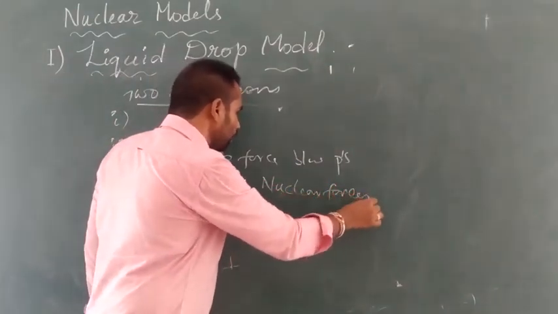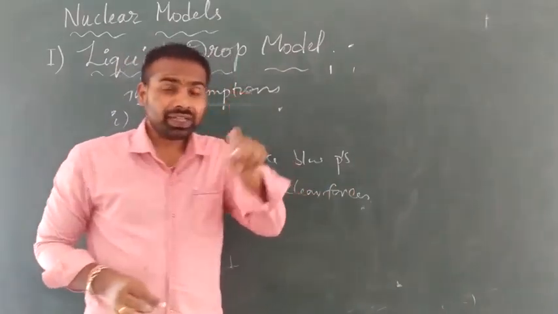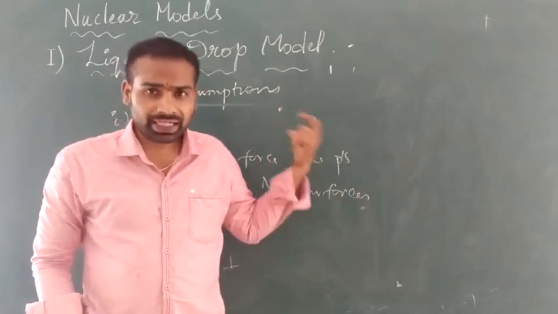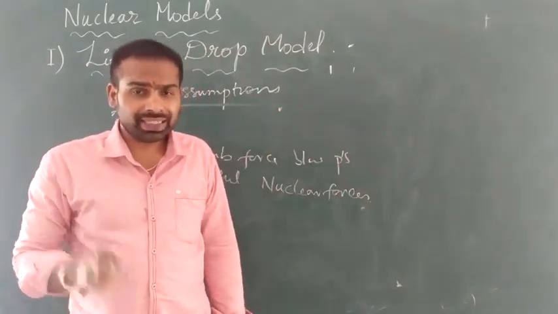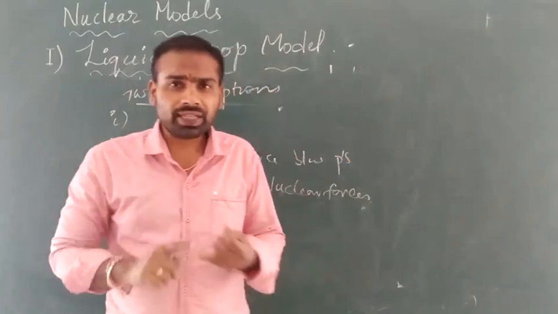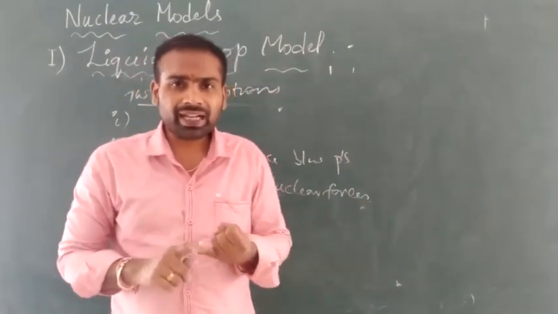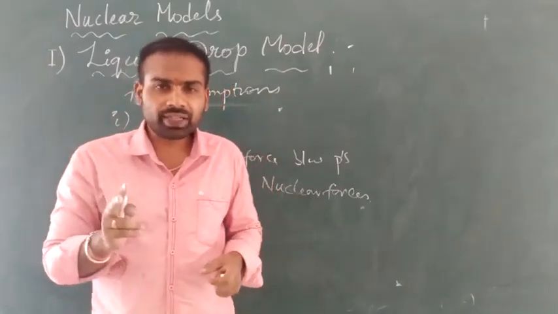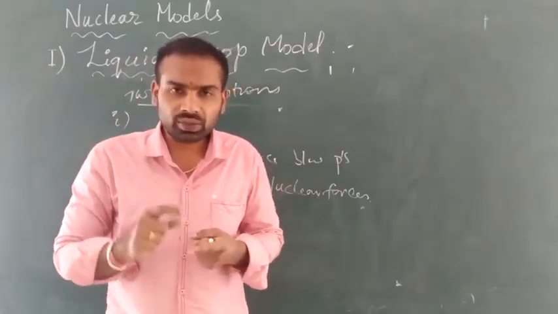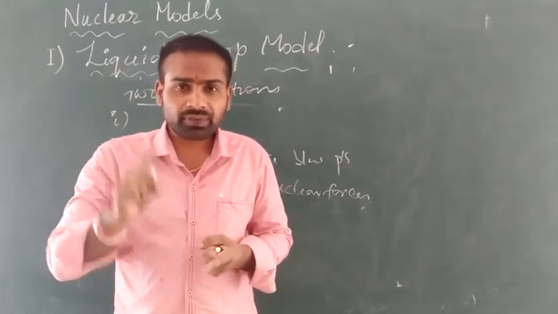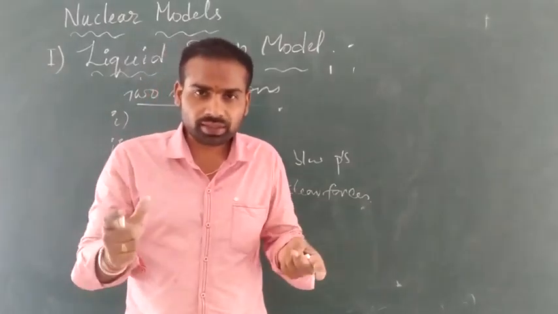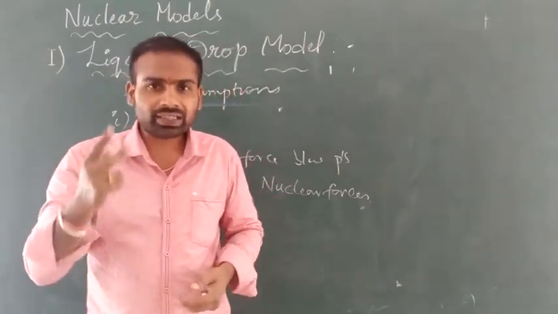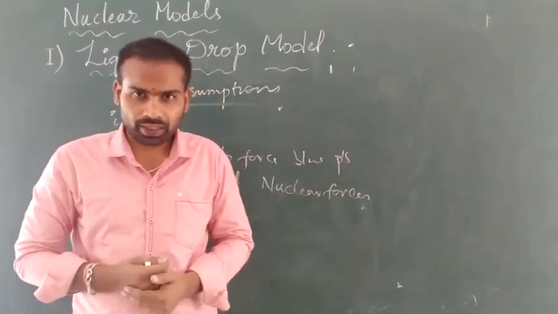These are the two forces present in the nucleus. So the two assumptions are: first, the material of the nucleus is incompressible and the density of all the nuclei is the same; second, the forces in the nucleus are the Coulomb force between the protons and the strong, powerful, attractive nuclear forces. These are the two assumptions of the liquid drop model, okay.